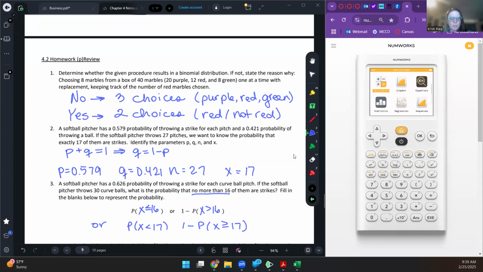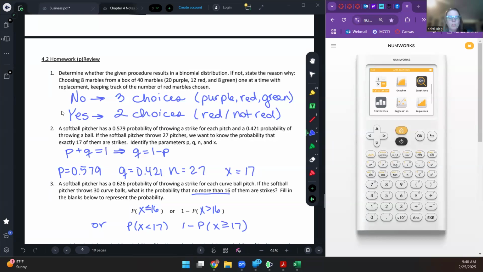So they choose 8 marbles from a box of 40, and it lists the colors here. And we're keeping track of the number of red marbles chosen. So if you're thinking in your head that you are recording purple, red, green, so you have 3 columns, and then at the end you want to know how many red, then you would say, no, this is not a binomial distribution because there's 3 choices.